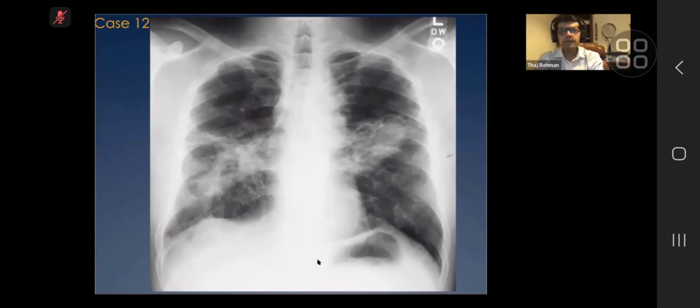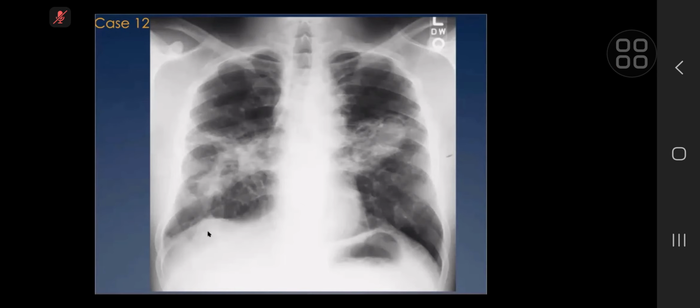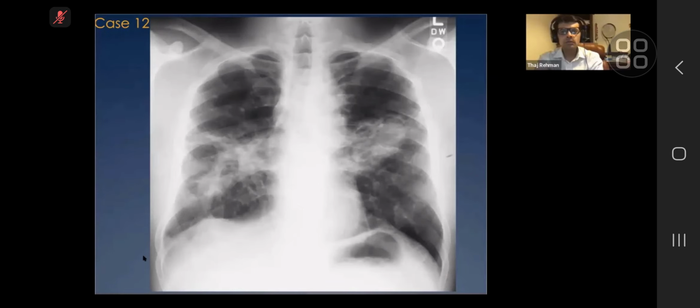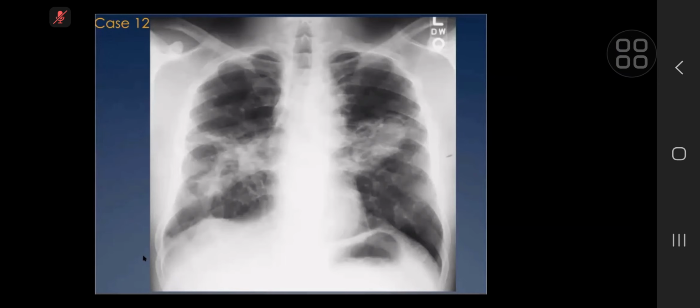Very good. Thank you. Can you start with this X-ray, please? Frontal chest radiograph with bilateral dense opacities, especially on the right side. There appears to be cavitation within the opacity. The lung appears a bit emphysematous to me.